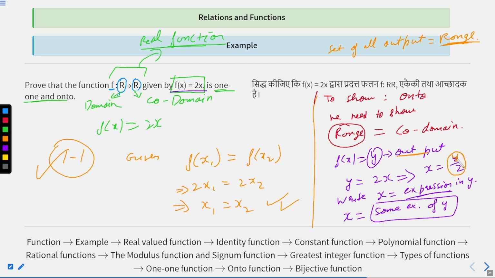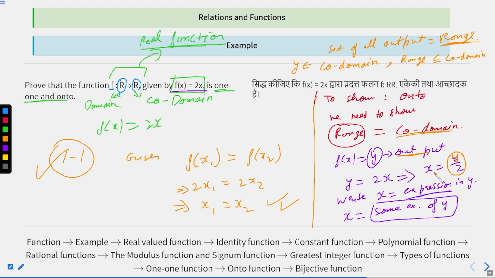So y comes from output, and output always comes from the codomain set. We know y belongs to codomain. And we also know that the range set is also a subset of what? Codomain. Yes.